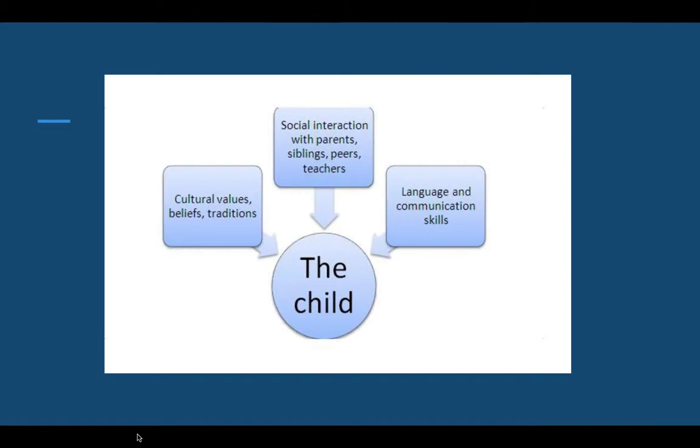So Vygotsky's theory then becomes the basis for what we know as social constructivism, which is this idea that groups to which a learner belongs impact the learning, because we are not individuals, we are groups, and our individual identity is in fact developed through our shared identity as well as our individual experiences.